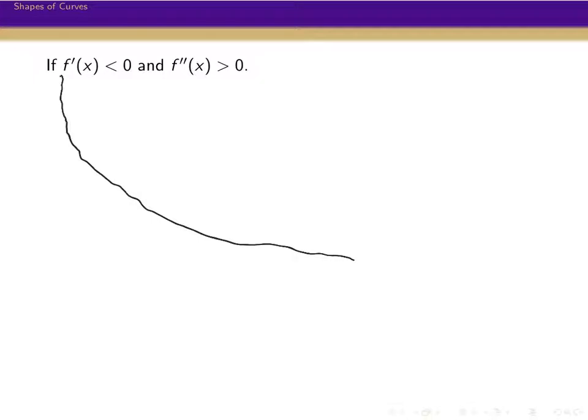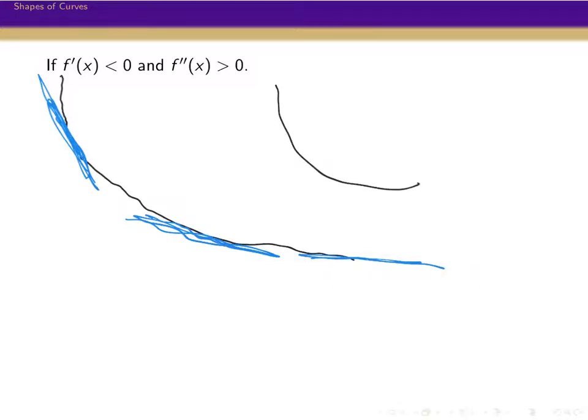If you look at the tangent lines here, that's a very negative tangent line. As we go further down, the tangent line is less negative. The slopes are all negative, but they're getting less negative as time goes on. So decreasing concave up looks like that.